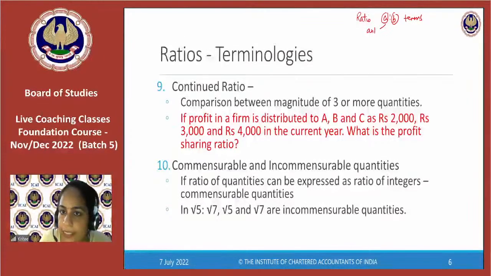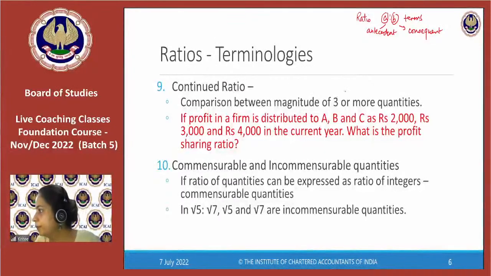A is the antecedent and B is the consequent. I'm repeating for those who have just joined. So ratio A is to B: A is the antecedent, B is the consequent.